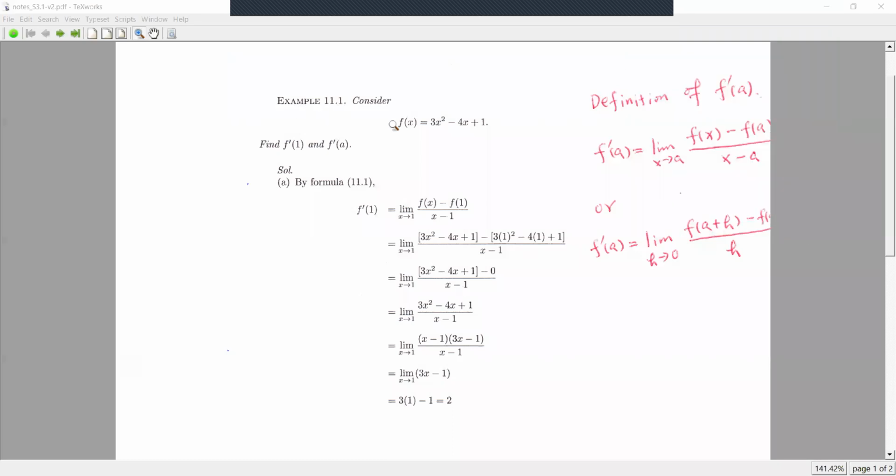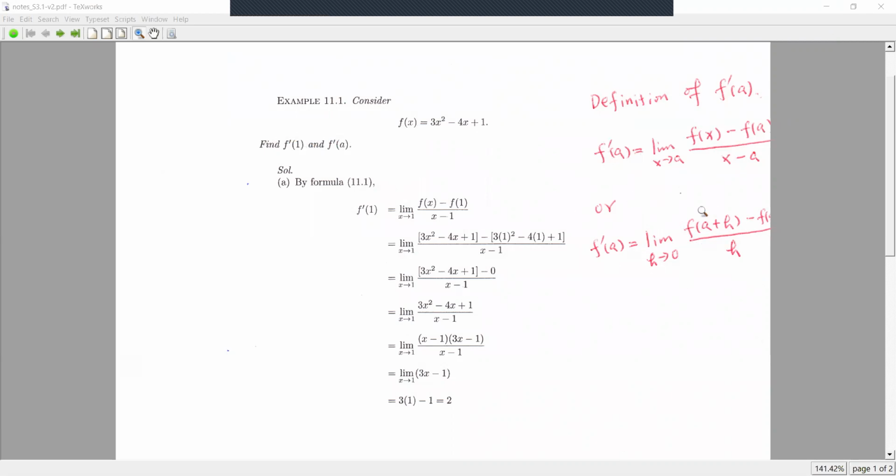Example 1. Consider this function. Find the derivative of the function at the point 1 and the derivative of the function at the point a. We have two formulas to compute a derivative. I am going to use this formula to compute derivative at 1.